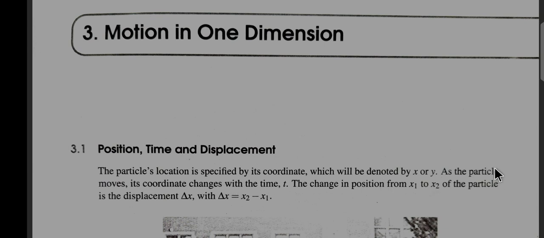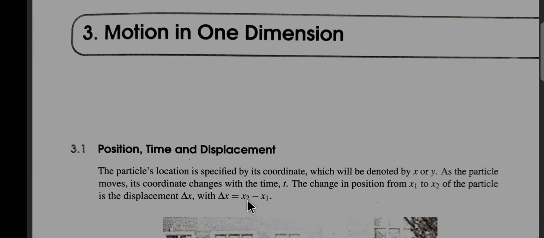As the particle moves from one point to another, let's say from point A to point B, the coordinate changes with respect to time. Now, the change in position from x1 to x2 of a particle is the displacement, which is delta x, and delta x is x2 minus x1.